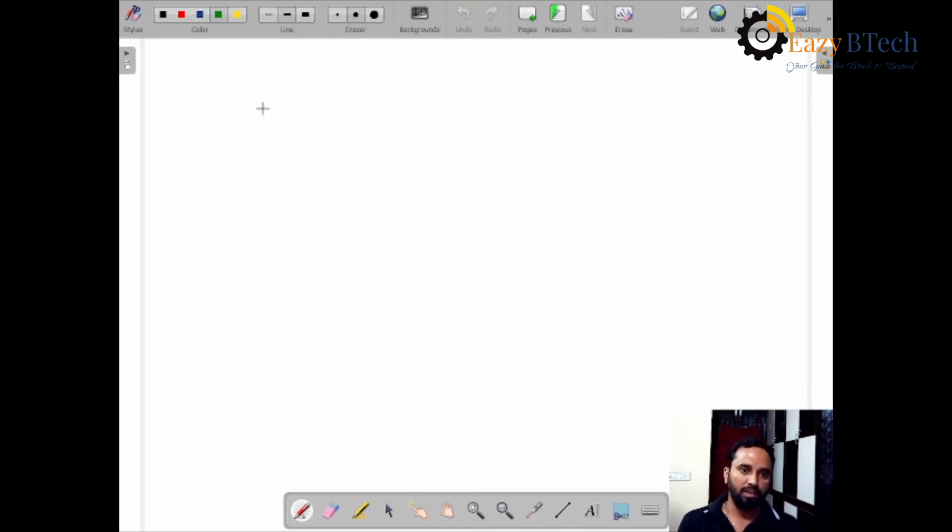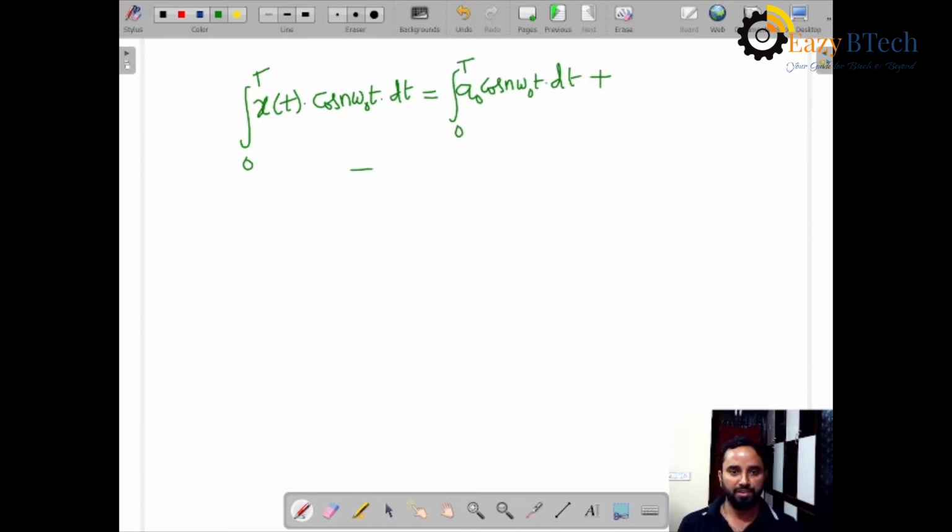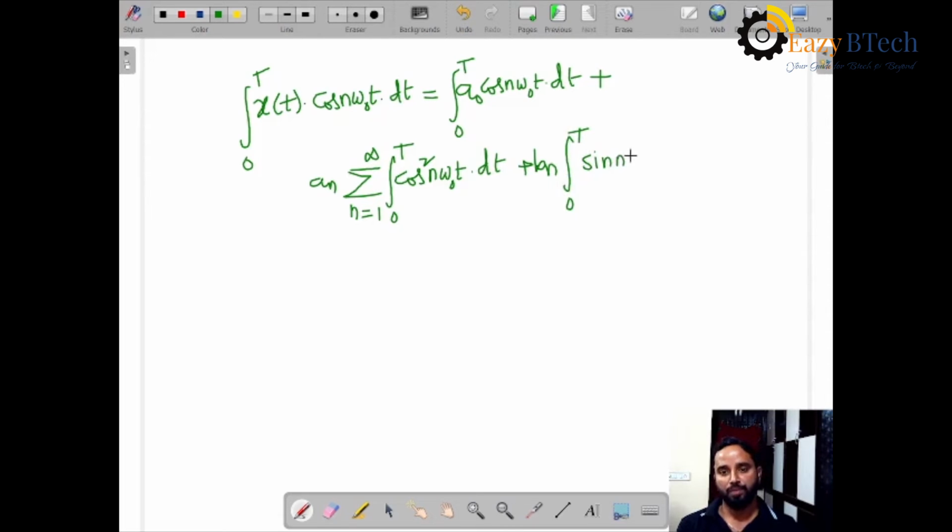So x(t) is multiplied by cos n omega naught t and integrated from 0 to T with respect to t. The right side is the same: a naught multiplied by cos n omega naught t, integration 0 to T dt, plus summation n equals 1 to infinity of an cos and cos, which becomes cos squared n omega naught t, integration 0 to T dt, plus bn integral 0 to T of sin n omega naught t into cos n omega naught t dt.